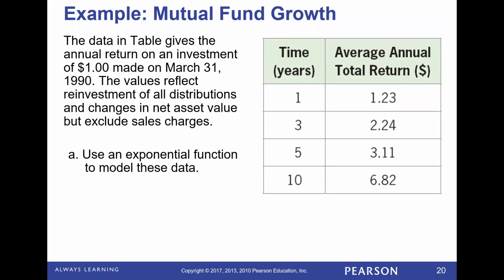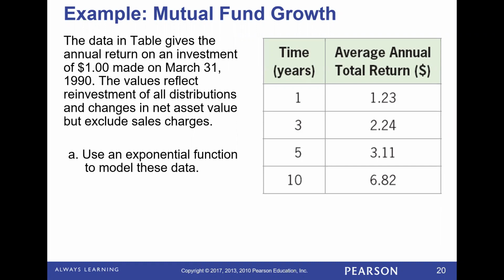Okay, so we've added a lot of formulas, and I know you guys are like, oh my gosh, so many formulas. I do want to remind you that we also want to talk about modeling. So I've given you some data in the table, and it gives the annual return of an investment of $1 made on March 31st, 1990.